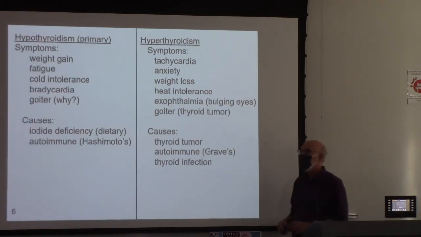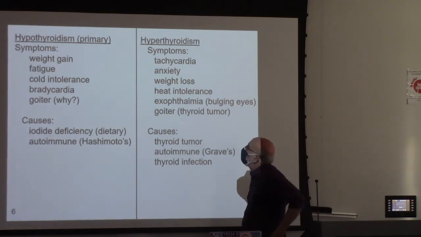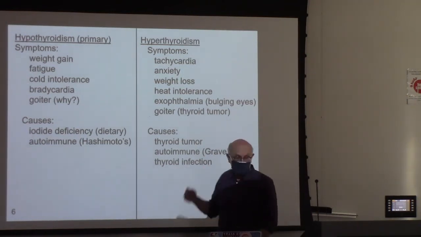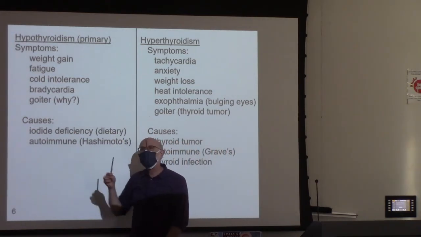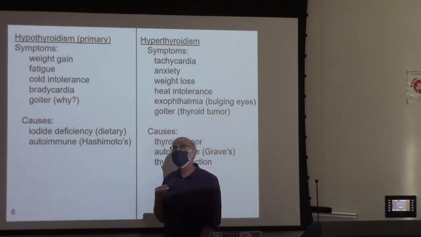Okay, let's talk about hypo and hyperthyroid. Hypothyroidism. So what's the definition of primary hypothyroidism? Where is the defect in primary hypothyroidism? The thyroid.